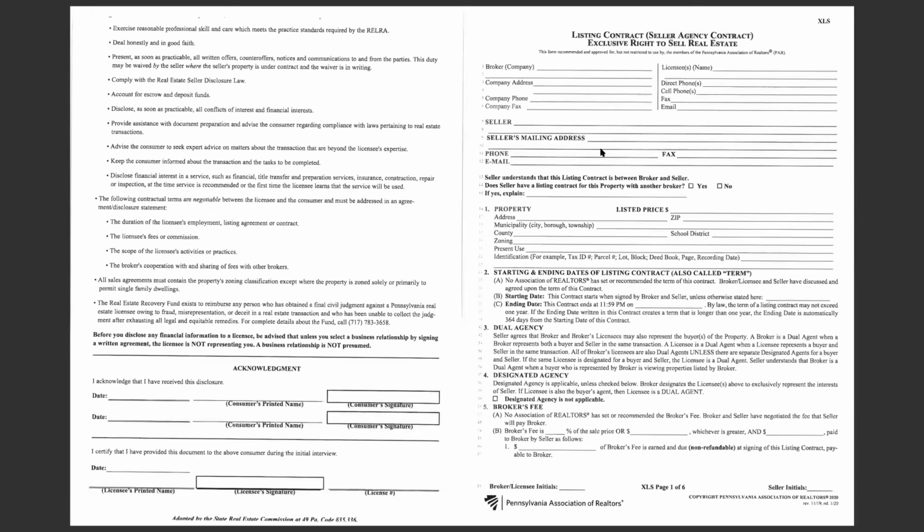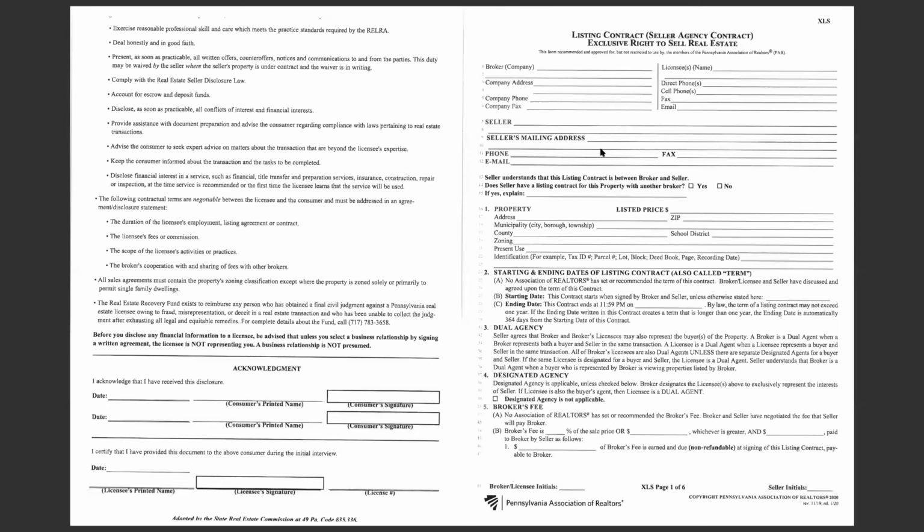Dual agency. And what they're doing now on paragraph 3 and 4 are reiterating the description of a dual agency and a designated agency, what they are. But you've already talked to your seller about that because you did the consumer notice first.